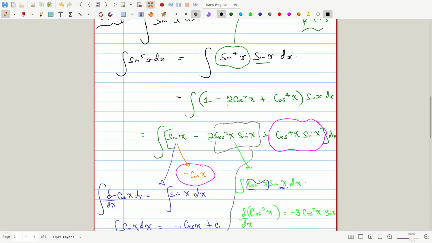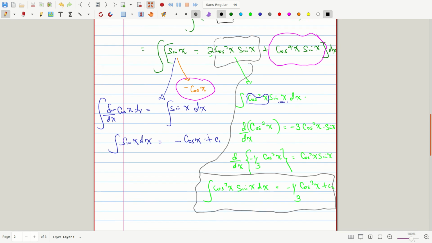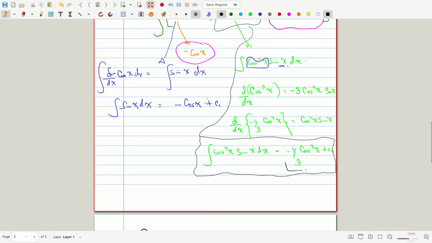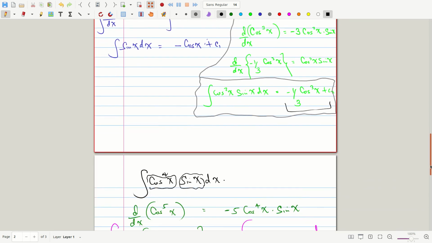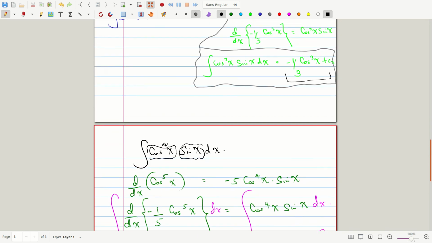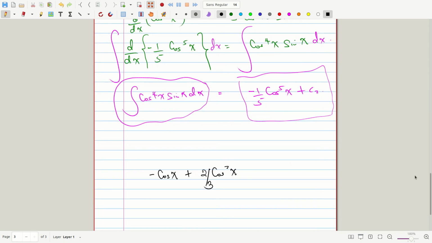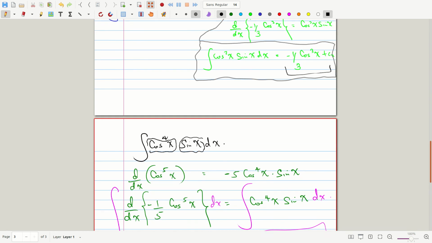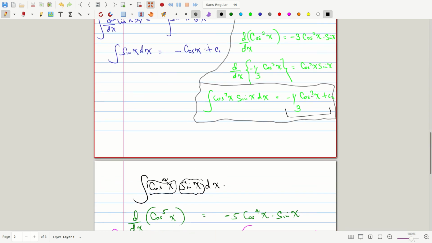Then we have this negative 2 times the result we got here. So we shall have positive 2 over 3 cos squared x. Oh, not cos squared, but it is cos cubed.